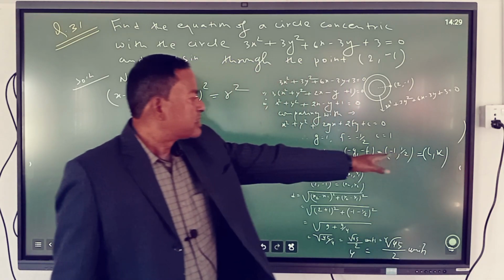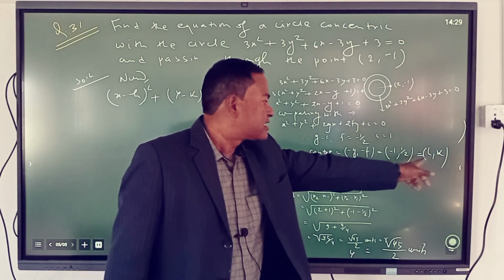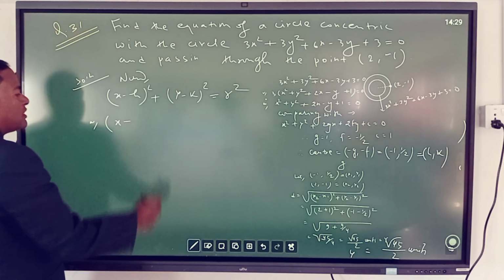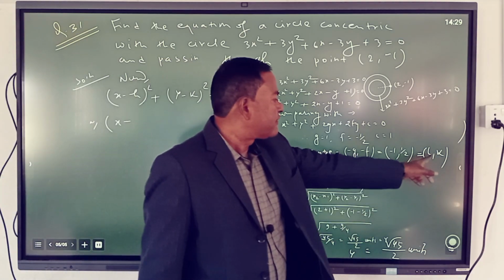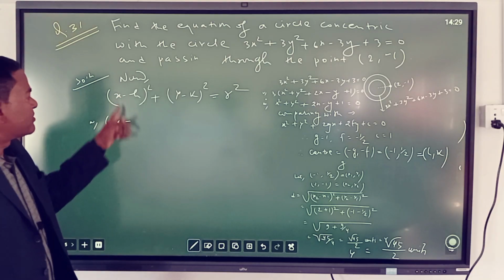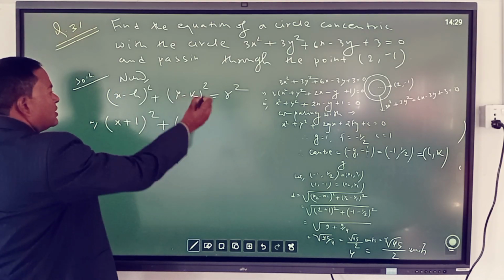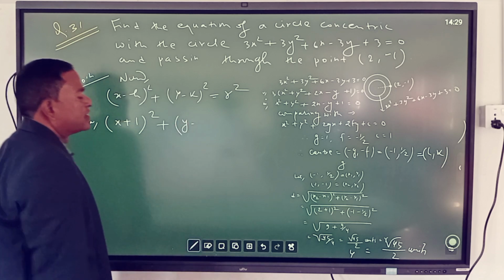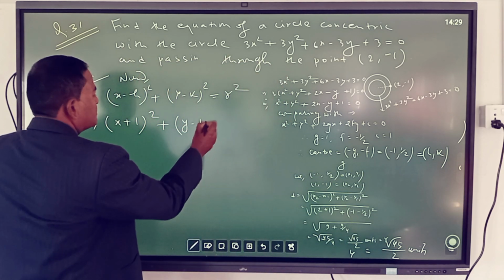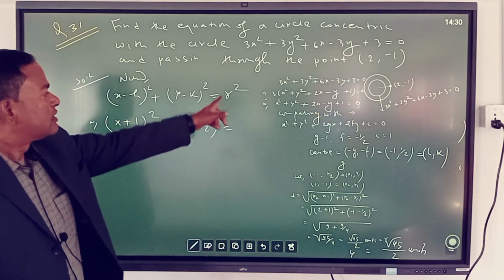So dear student, let us now suppose the center of the concentric circle as h comma k. The value of h is minus 1 and in the formula already there is minus h, so minus will be plus. y minus k whole square, the value of k is 1 by 2, equals r square.